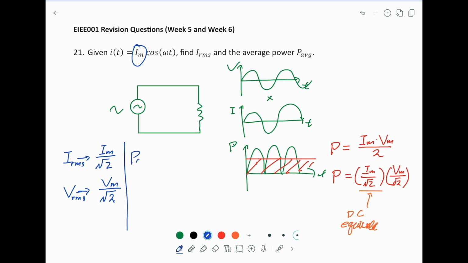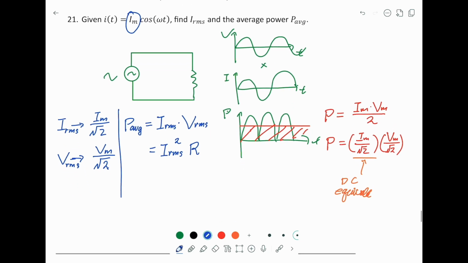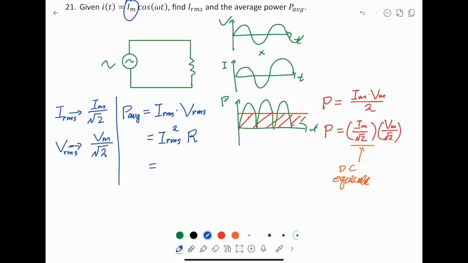So the average power in terms of root mean square values can be written as I rms multiplied by V rms, or by analogy, I rms squared R. And of course we can express the rms value as the maximum over root 2, squared, times R, or I maximum squared R divided by 2.